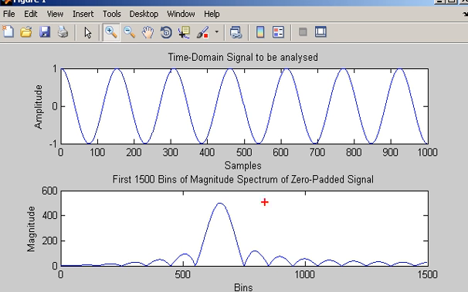So the frequency associated with that maximum is the bin number, which is 650, divided by the length of the signal that we analysed in order to obtain this magnitude spectrum, which was 100,000, not 1000, multiplied with the sampling frequency, which is 1000, and that's equal to 6.5 Hertz, which is what we expect.